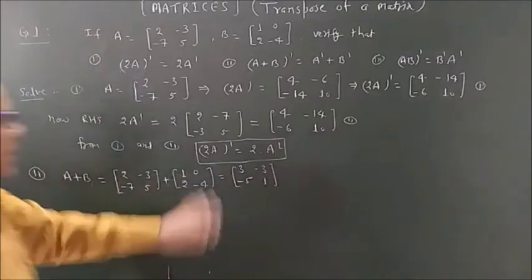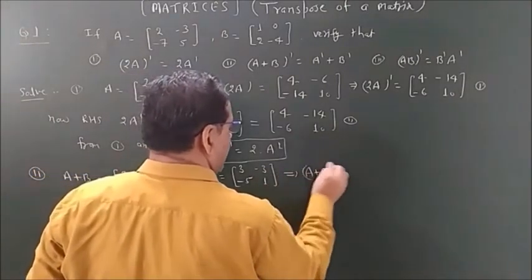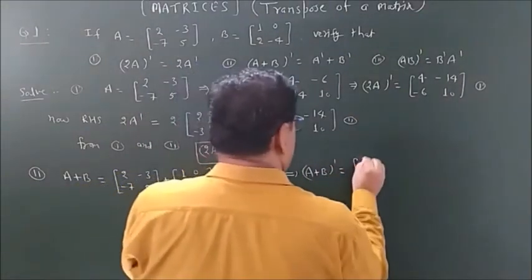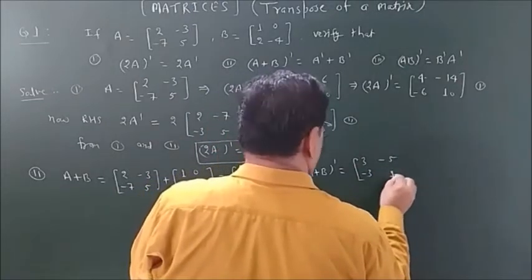This is the value of A plus B. This implies that (A plus B) transpose equals, now interchanging the rows and columns, [3, minus 5; minus 3, 1].